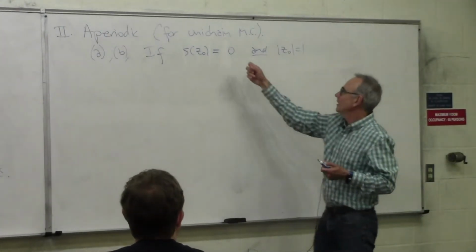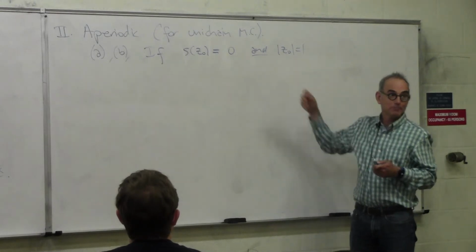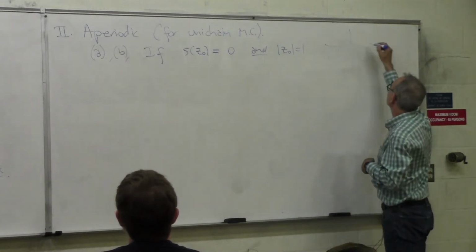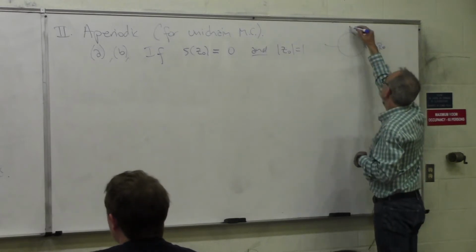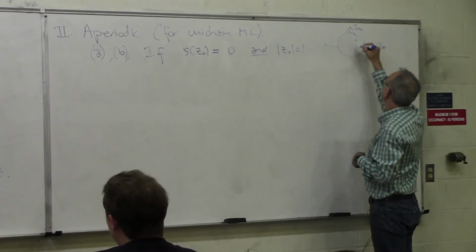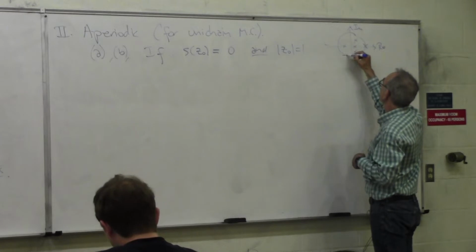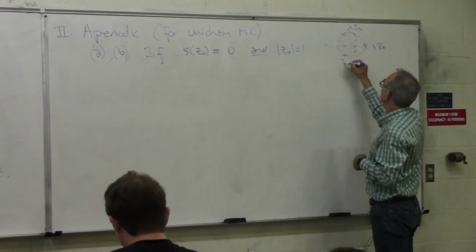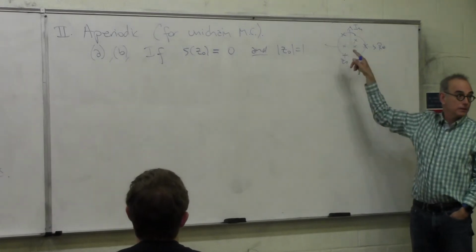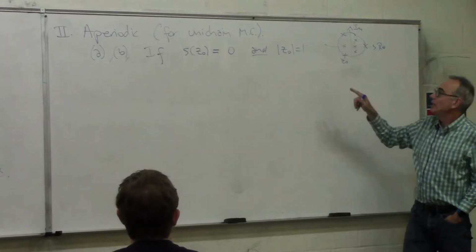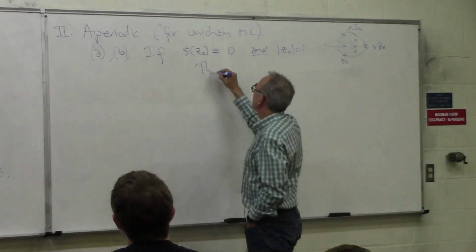So if you have an eigenvalue with modulus 1, that means that I've got something on the unit disk, right? Well, then what?